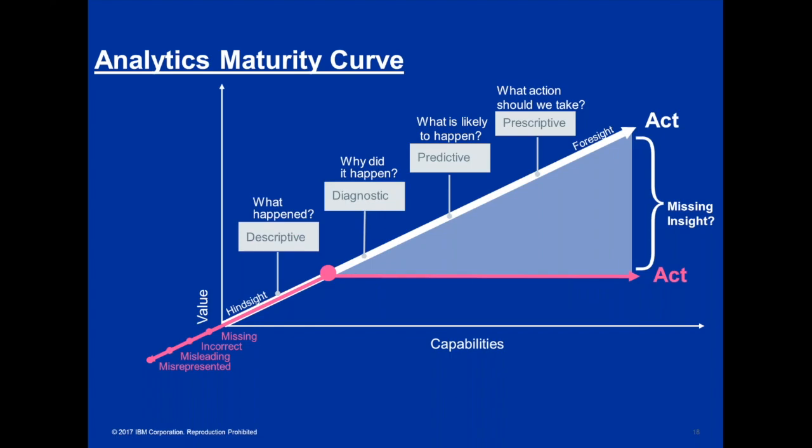So these are some of the things that the system actually comes back and tells you. And once you have that foresight, you can make those decisions, and you know where you're headed.